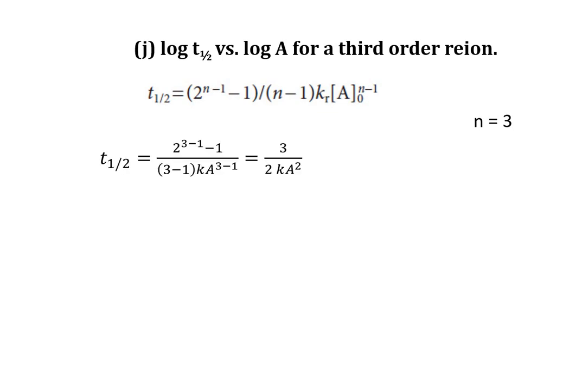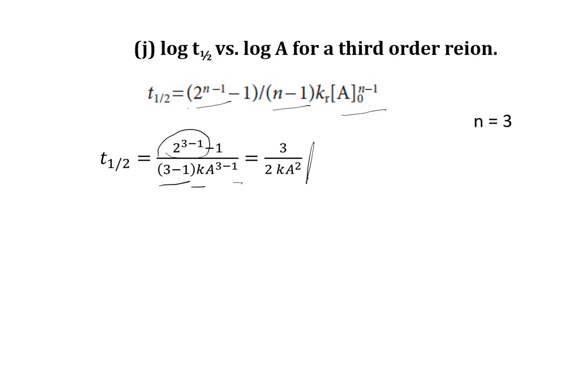Then if you put n equals 3 as given in the question, we get 2 to the power 3 minus 1, minus 1, over n minus 1, so 3 minus 1, times k, and a to the power n minus 1, so a to the power 2. So it simply gives 3 by 2k a square.